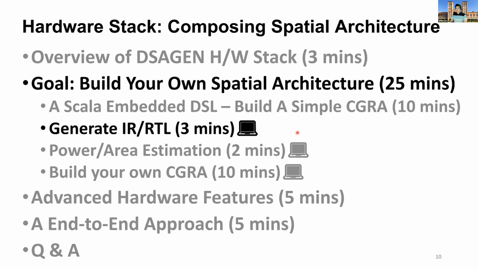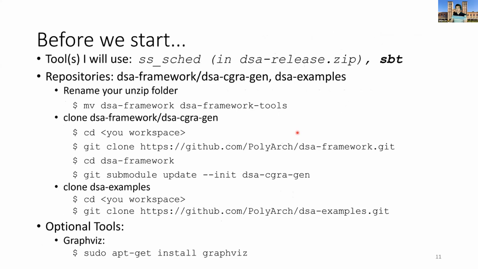So now you have the CGRA defined, and you must want to know what you can do from that. Before I do that, the tool I will use is the sscat inside the binary release zip file that we distribute to you. You might want to unzip that release file, and what I'm going to use is SBT, and SBT is required to run the RTL generator and the IR generator.